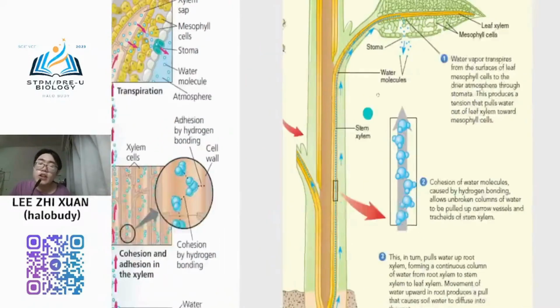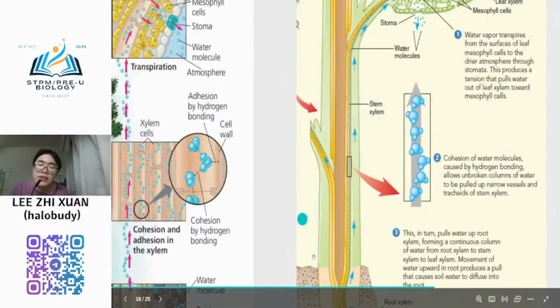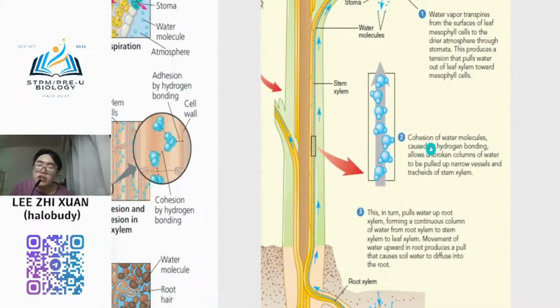And then cohesion-tension theory is about the stem. Why? Cohesion-tension theory is due to the cohesion force of water molecules. You already learned that in chapter 1, Semester 1. We know that water can form hydrogen bonds, right? And hydrogen bond is one type of strong bond.